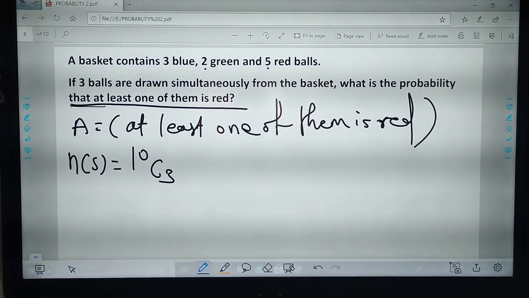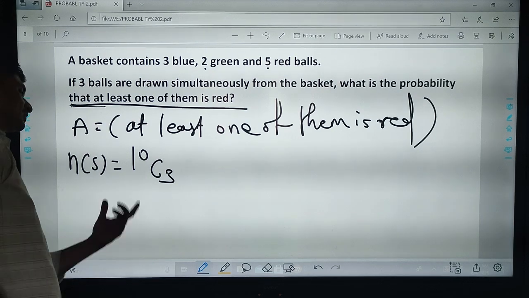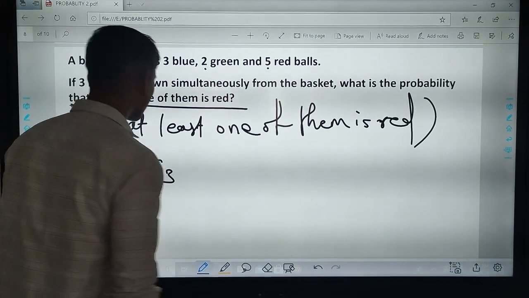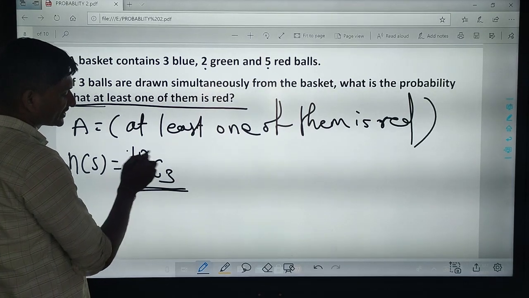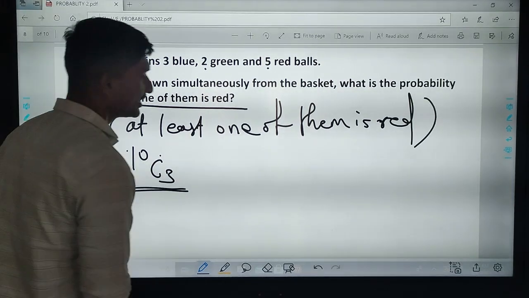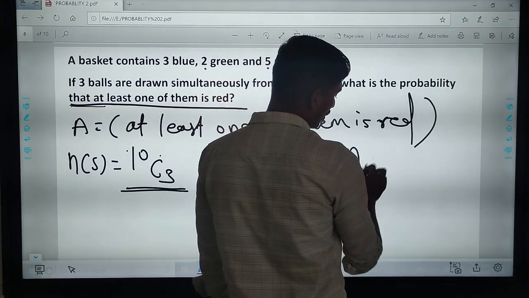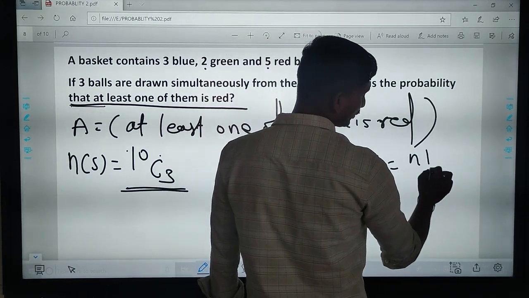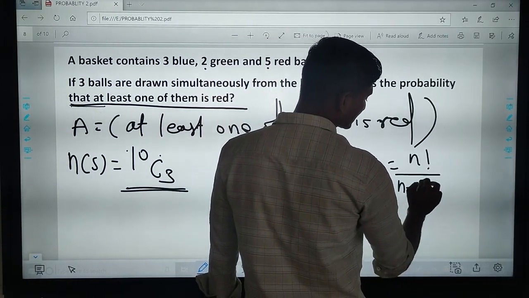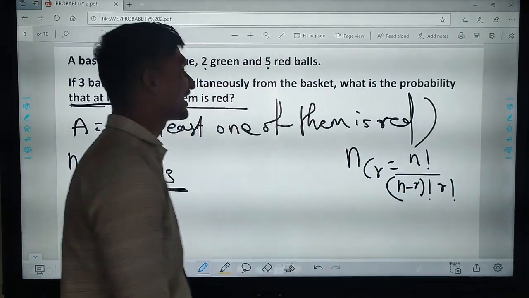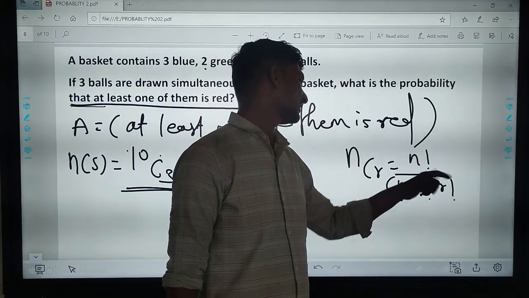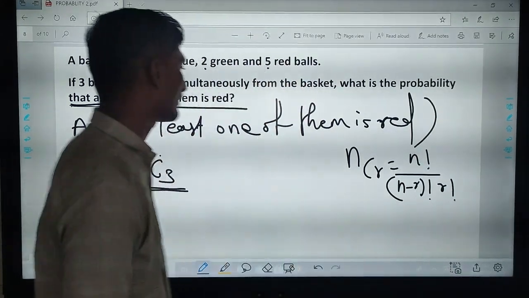Now your n of S is equal to 10C3. The formula for nCr is n factorial divided by (n minus r) factorial into r factorial.